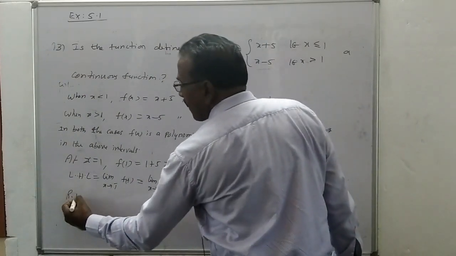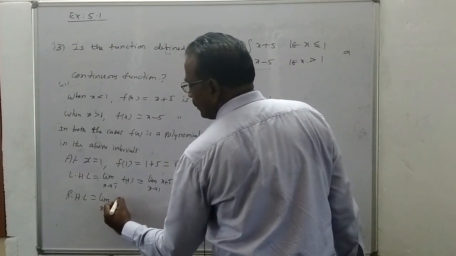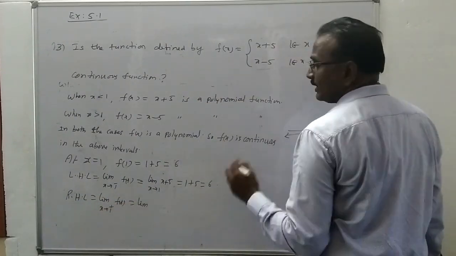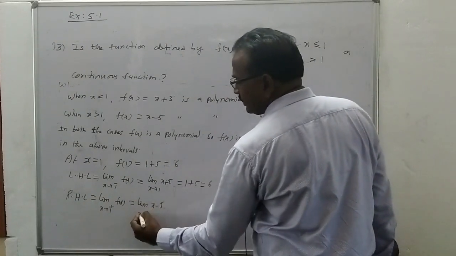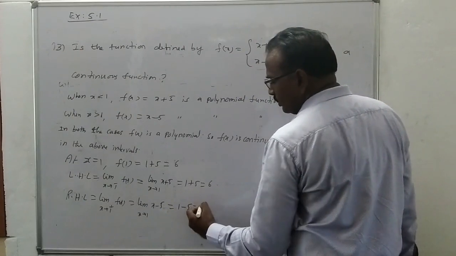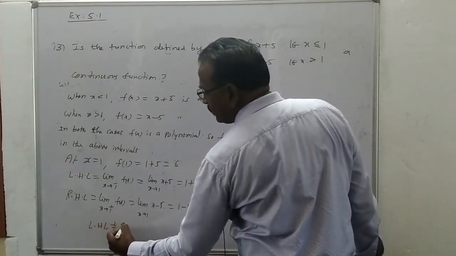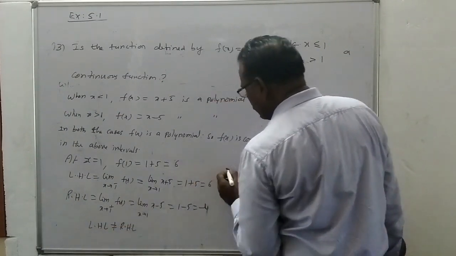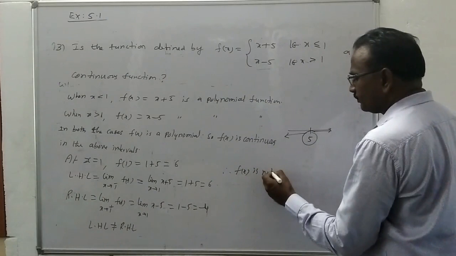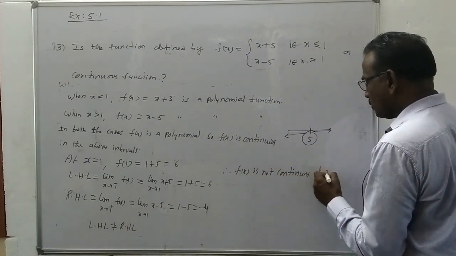RHL is the limit as x tends to 1 plus of f of x, that is, when x is greater than 1, the function is x minus pi as x tends to 1, by direct substitution, 1 minus pi. So clearly LHL is not equal to RHL. So therefore f of x is not continuous at x equal to 1.